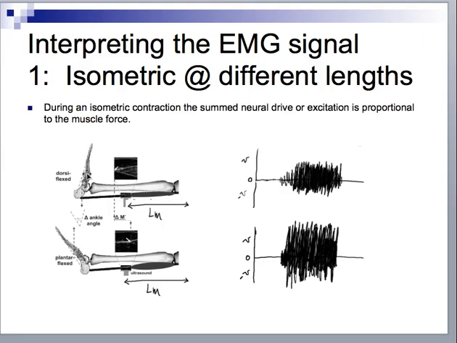So we have an example here. We have a dorsiflexed joint, and we're recording from the gastroc muscle. We have the ultrasound reading that we can see here of where the gastroc muscle meets the Achilles tendon, and we see the theoretical muscle length here in LM, and then we compare that to a plantar flex position where we see the muscle length has been shortened.